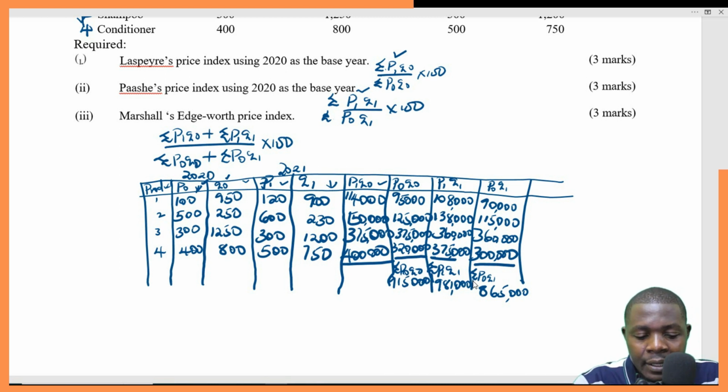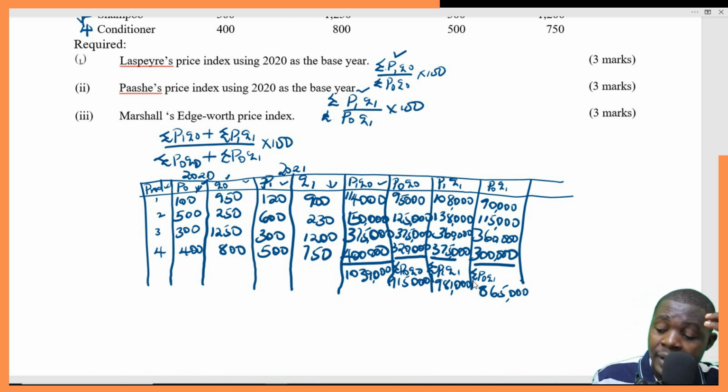Then lastly, 114,000, plus 150,000, plus 375. You can also be verifying the same, plus 400. You get 1039,000.